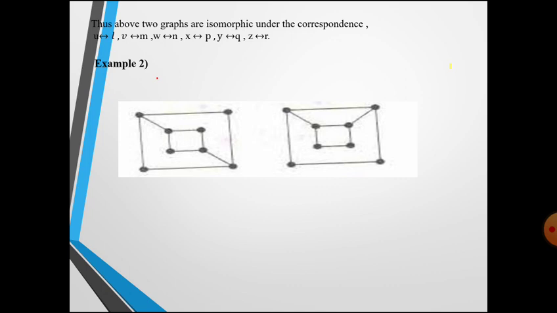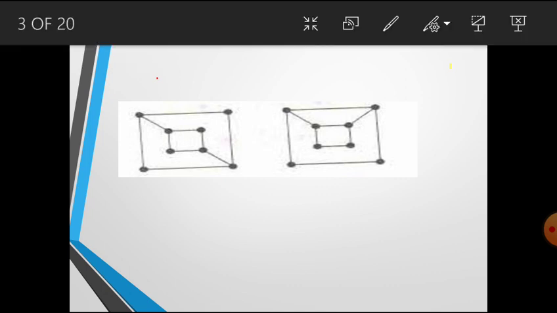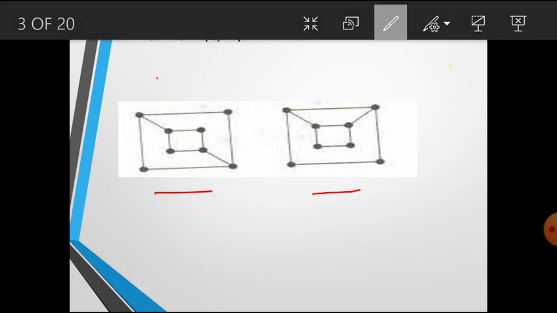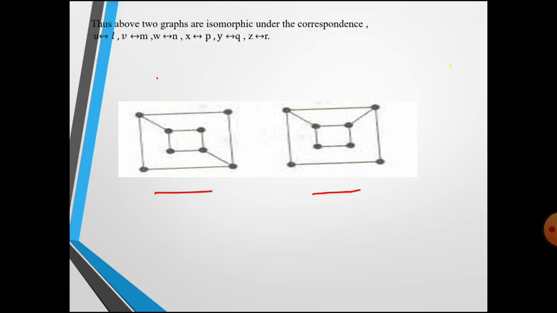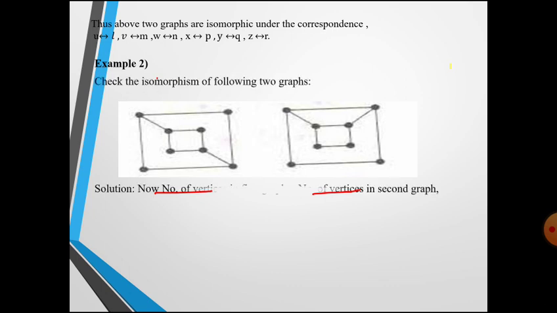Now look at the next example, the graphs G1 and G2. This is graph G1, this is graph G2. We have to check the isomorphic relation in graphs G1 and G2. For that purpose, we first find the number of vertices and the number of edges in graphs G1 and G2.